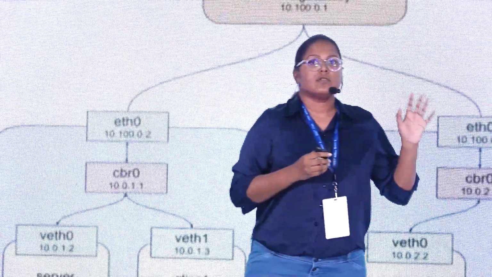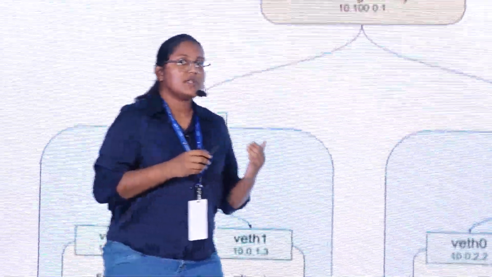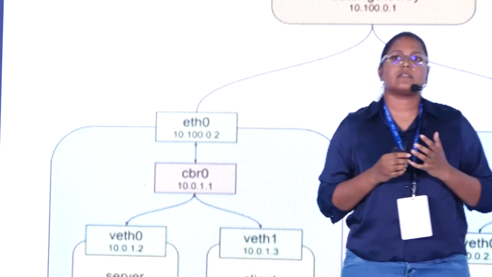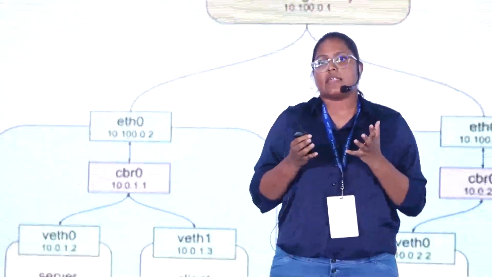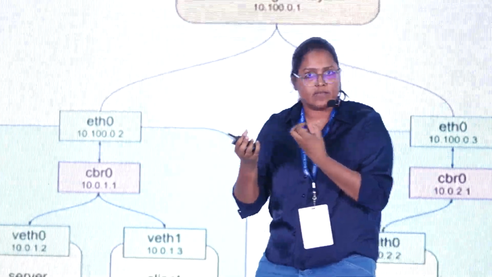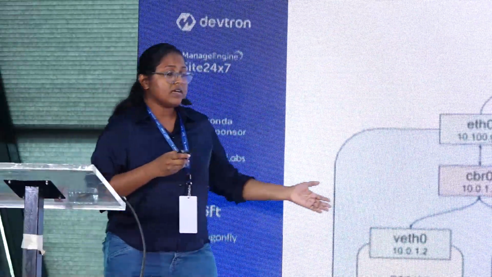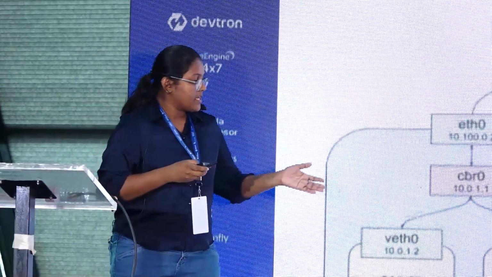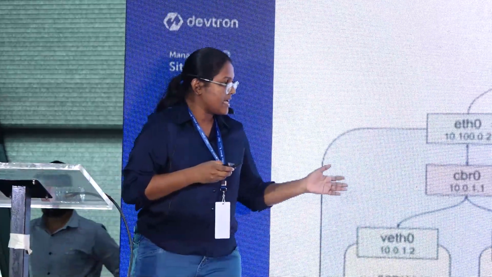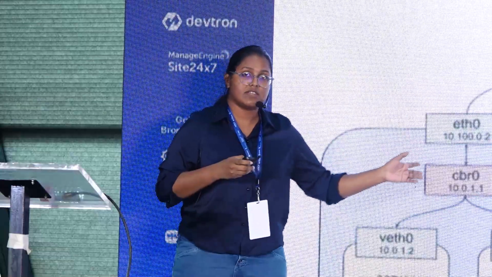So I'm going to describe a little bit more about this factor. A virtual Ethernet pair, or veth pair, is a concept in Linux network that can be used to connect two network namespaces together. So with the veth pair, we connect this network namespace to the cbr0, the custom bridge.